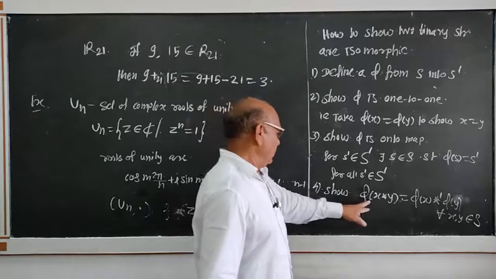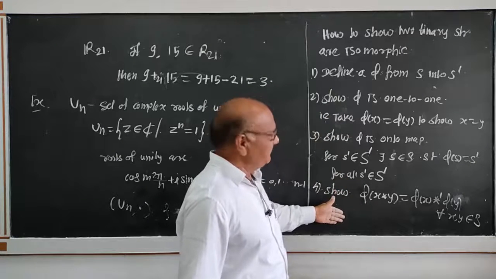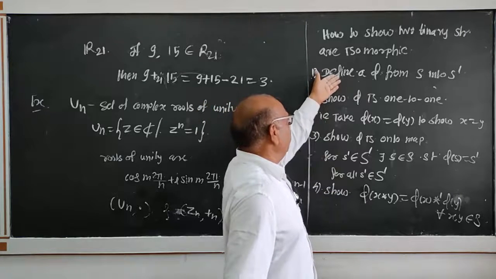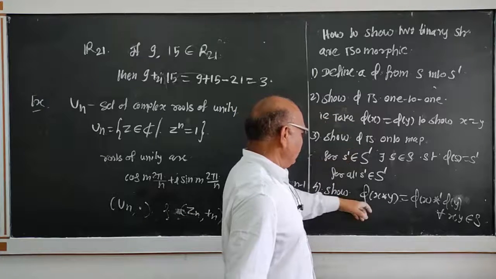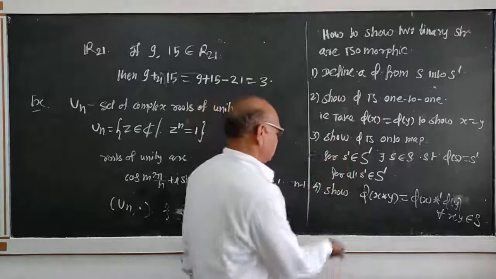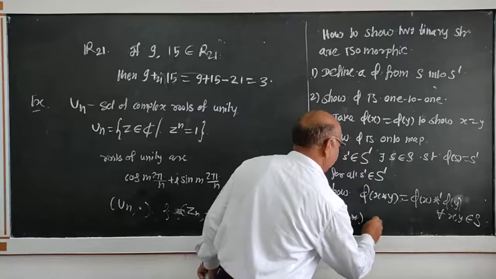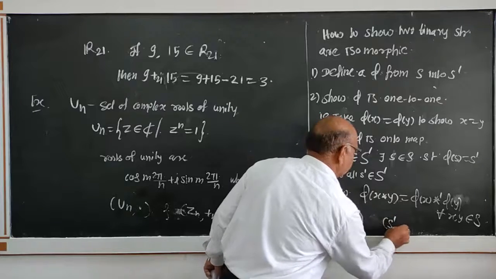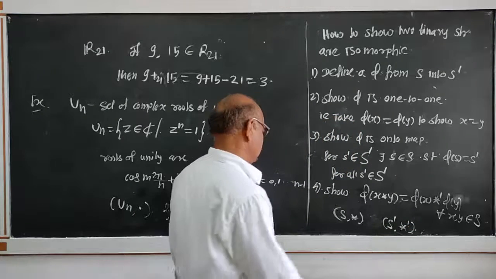If the four properties are satisfied, that means existence of a mapping which is one-one and onto, and this condition, then we say that these two binary structures (S, star) and (S', star') are isomorphic.